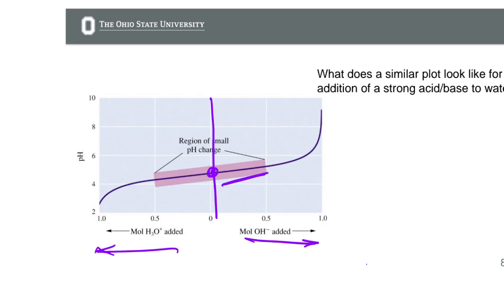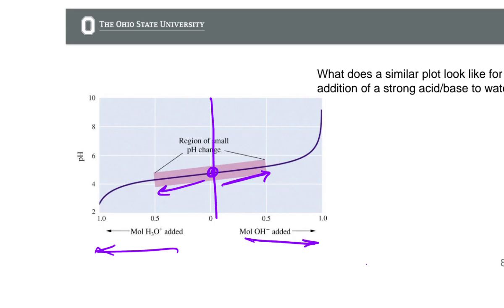That looks like this. If we add some moles of H3O plus, we see a slow decrease. You may have seen a plot like this. This is essentially a zoomed in portion of a titration curve, the beginning part of the titration curve, as long as we have a weak acid, but we'll get there.